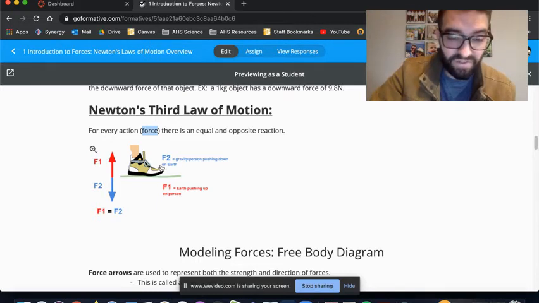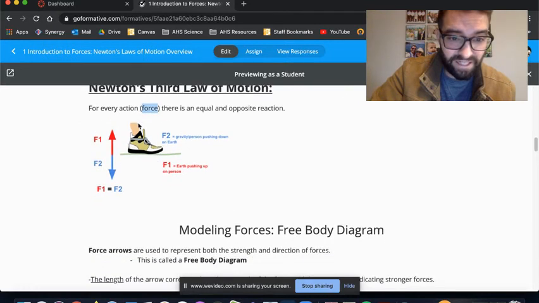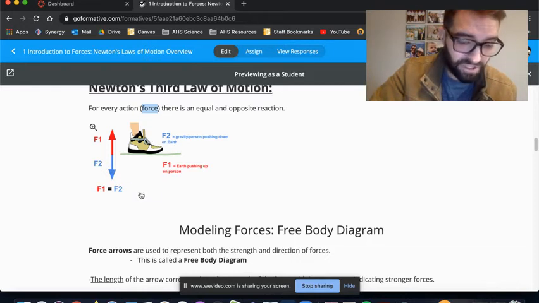So this is very interesting, but again, you have a person here, and their weight, their mass and gravity creates this F2. That is the force pushing down. And the Earth pushing back up is F1, and they are going to be equal.